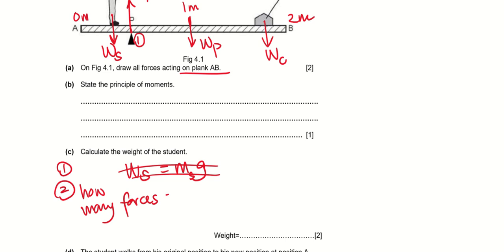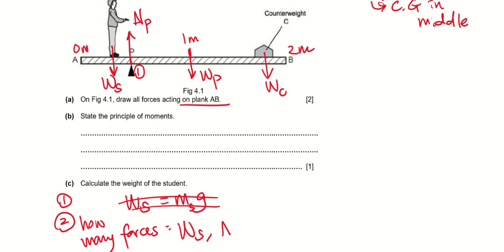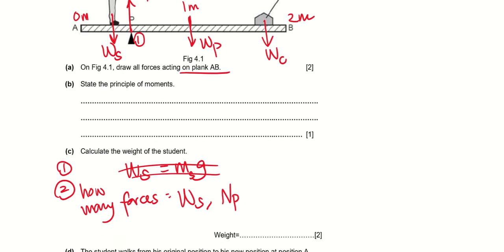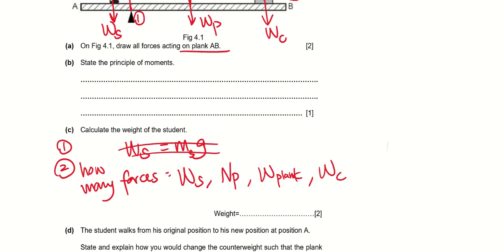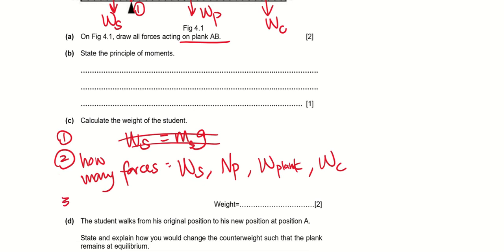We have WS, the normal force due to pivot, the weight of plank, and the weight of counterweight. Step 3, based on where the pivot is, what are all the perpendicular distances of the line of action of each force to the pivot?